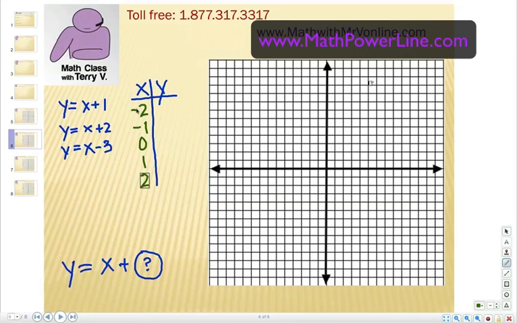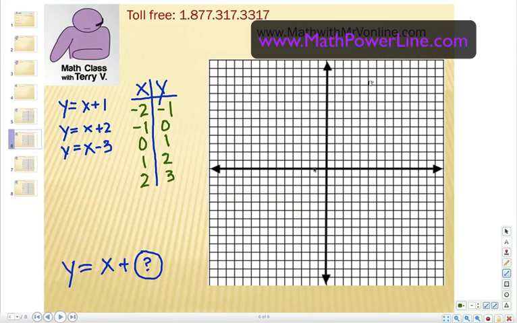If x is -2, if you add 1 to it, that gives you -1. If you have -1 and you add 1 to it, that gets you back to 0. If you have 0 and add 1, that will give you 1 for the y value. And of course, this 1 turns the y into 2, and the 2 turns it into 3. Obviously, you're going to see a pattern. Now let's go ahead and graph that.